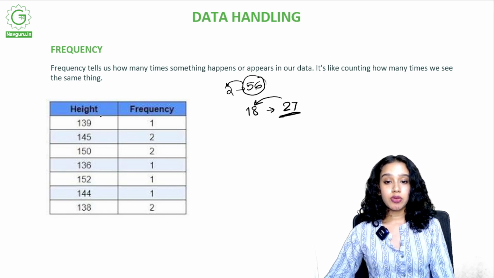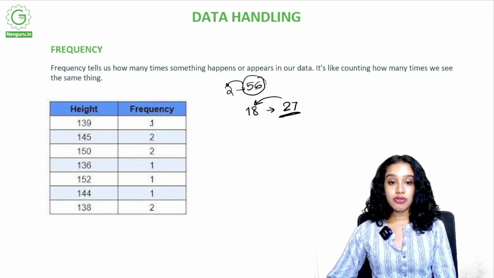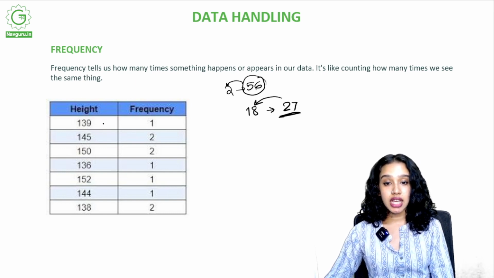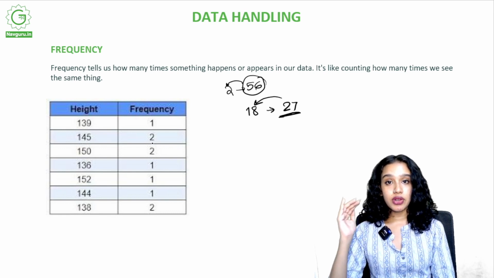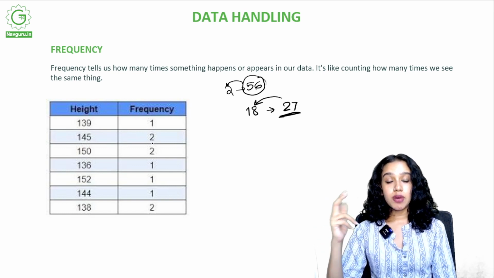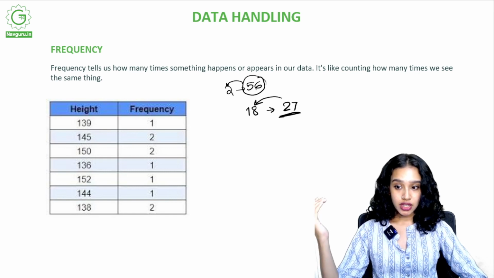Here is a very beautiful chart which shows the height of different people and the frequency of people, which is the number of people with that height. So we can see different frequencies. Basically, frequency tells us how many times a particular thing is there.